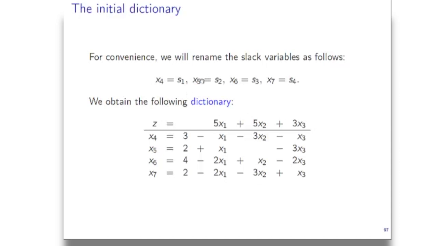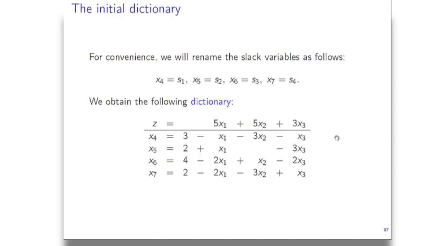Then x5 will be used instead of s2, then x6 instead of s3, and x7 instead of s4. This is just to show that we treat all these variables equally. And now this system has only x variables, and we need to find a solution to this system such that z is as large as possible, and all x's here are non-negative.